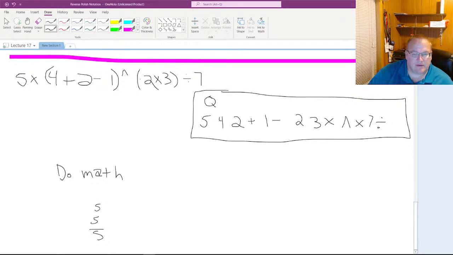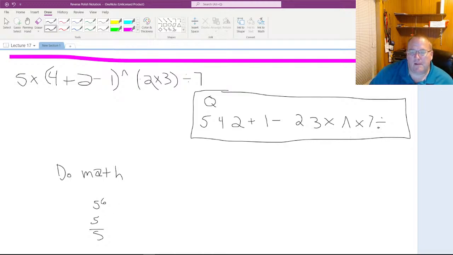So then 2 and 3, and then multiplication, so 2 times 3. Oh, that's why. 2 times 3 is 6. Then we see the caret here, so it's 5 to the 6th. That's probably where I made the mistake. I only took 5 to the 2nd, or 5 to the 5th. Very possible.